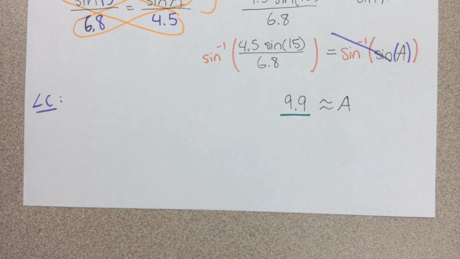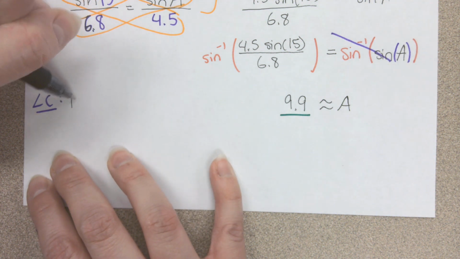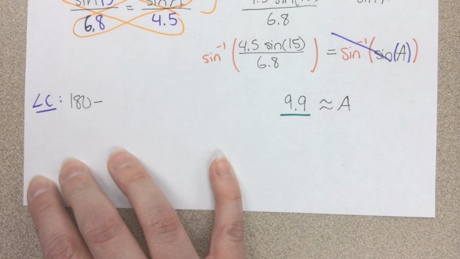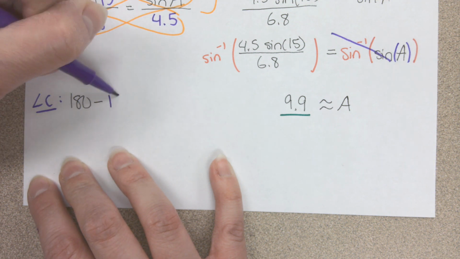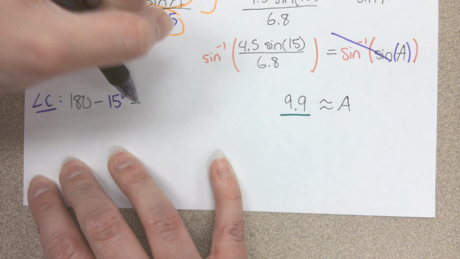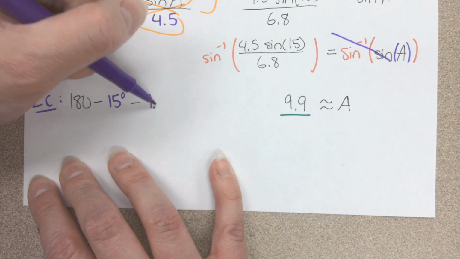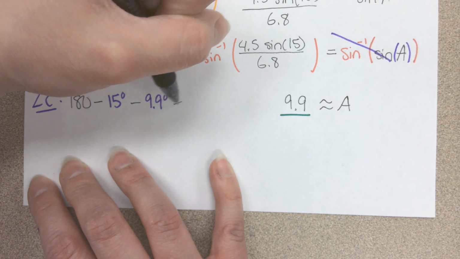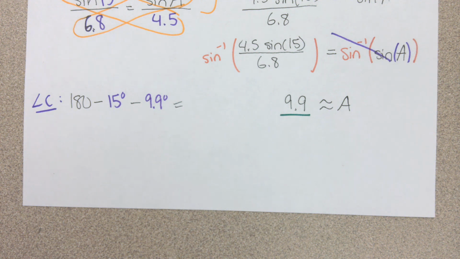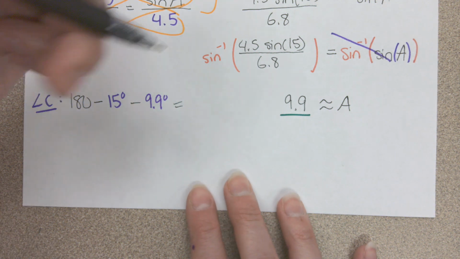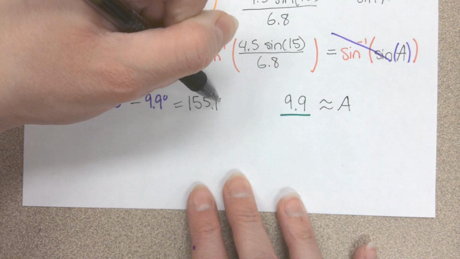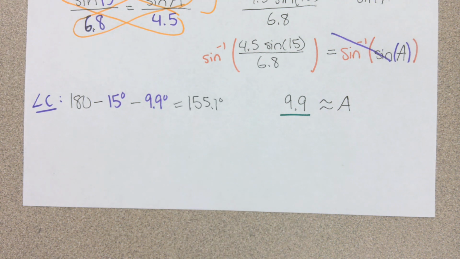Angle C. We have 180 minus our two angles that we did find, 15 degrees, that was given, minus 9.9 degrees. 155.1. So that's the measure of angle C.